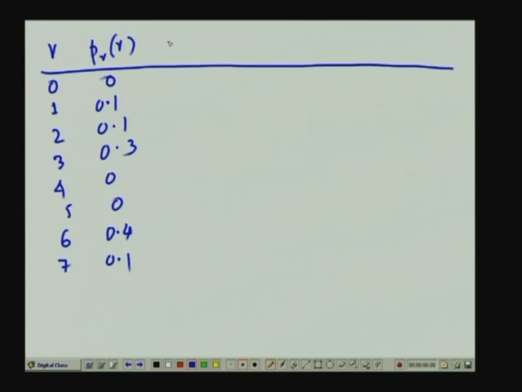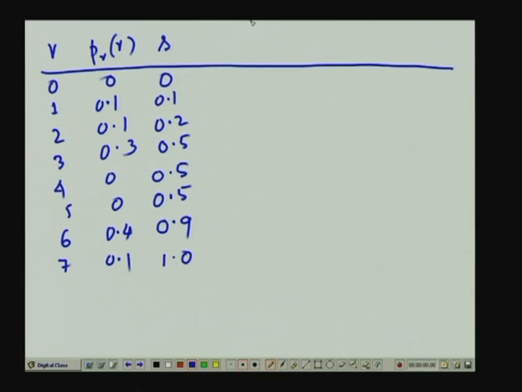From this we can find the corresponding values of S, which are 0, 0.1, 0.2, 0.5, 0.5, 0.5, then 0.9 and 1.0.